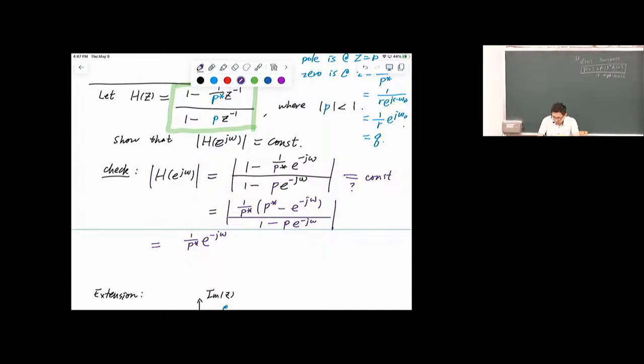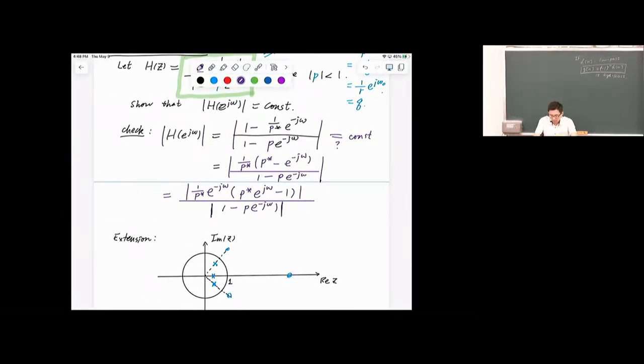When you do that, the top becomes p conjugate e j omega minus 1, with absolute value, divided by, at the bottom, 1 minus p e to the minus j omega, also with absolute value. I want to show that this is a constant.